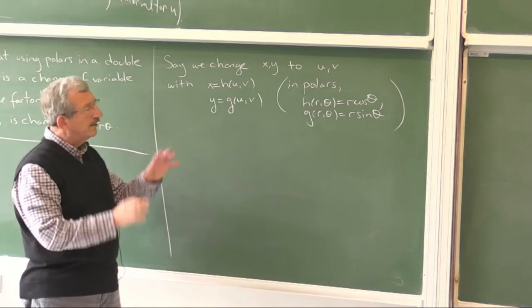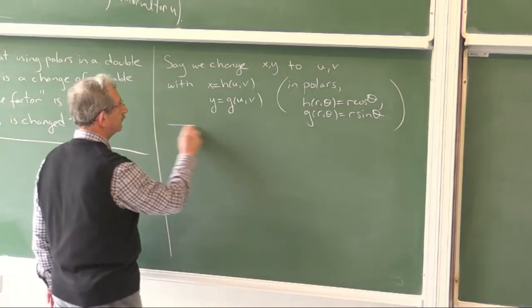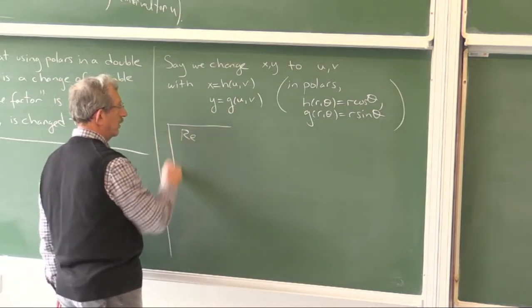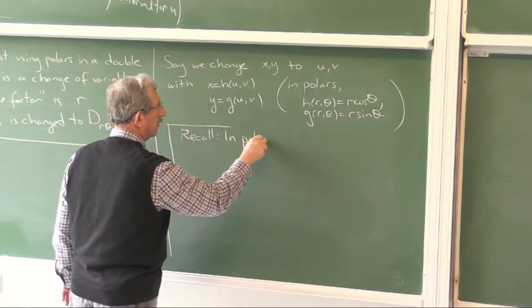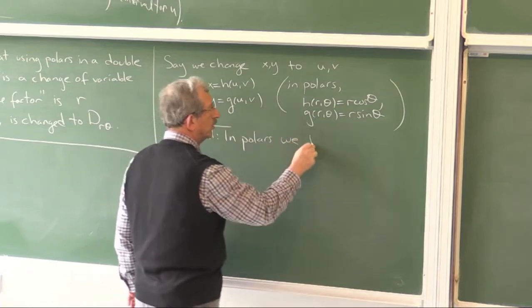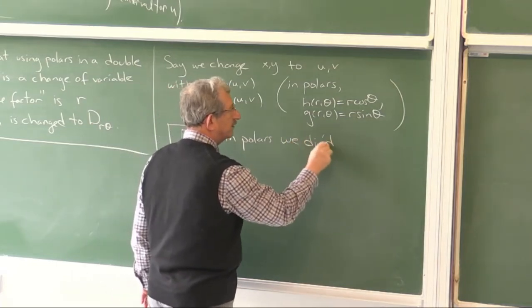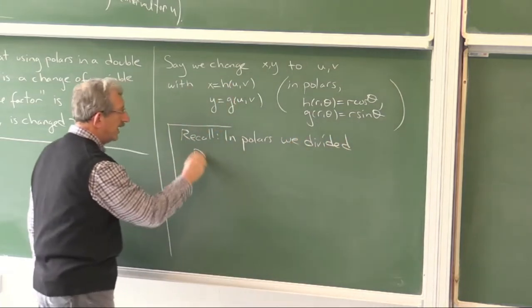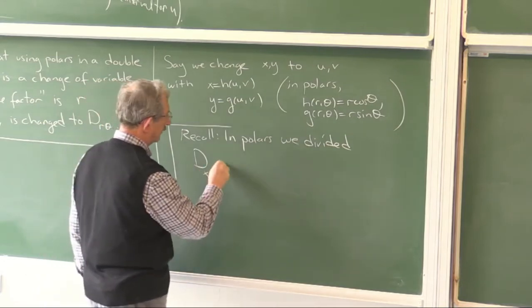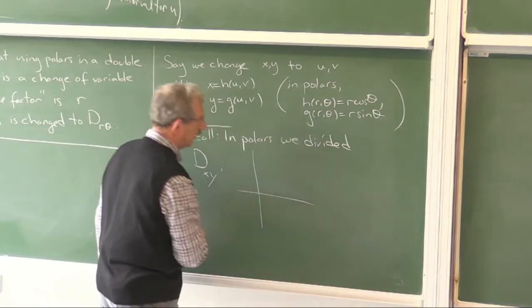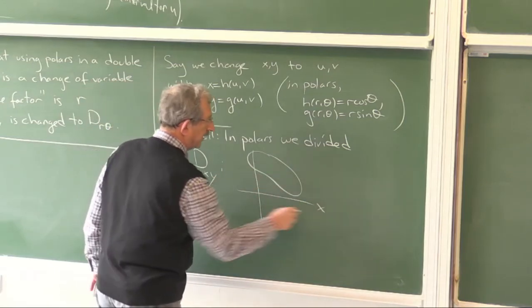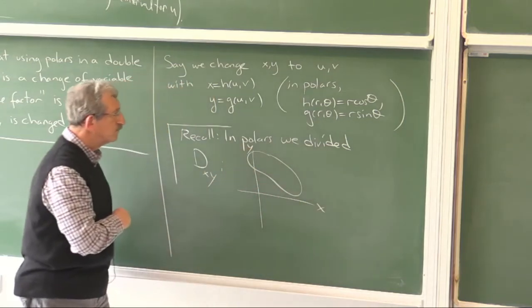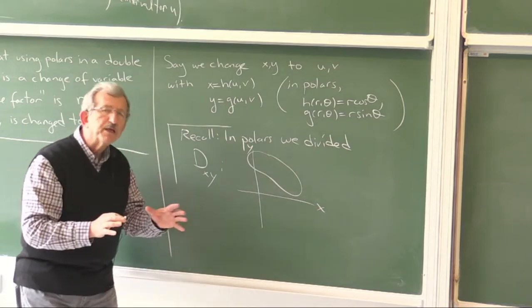Now, again, in reference to polars, we divided D in the xy system, which was, of course, some region, into small pieces.